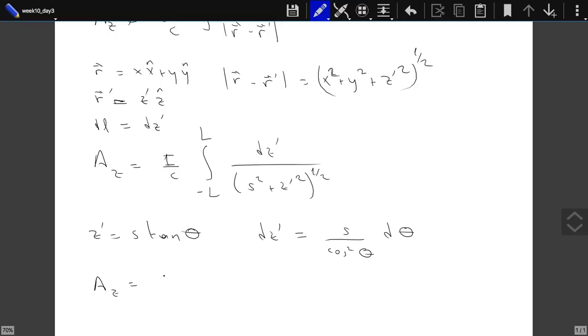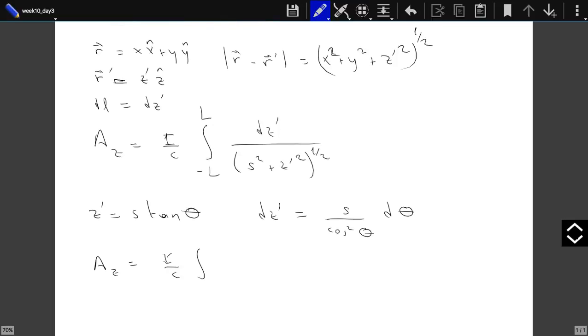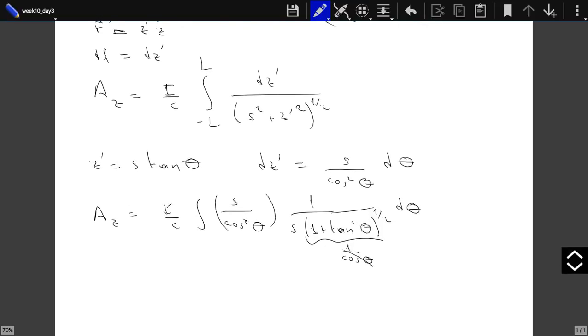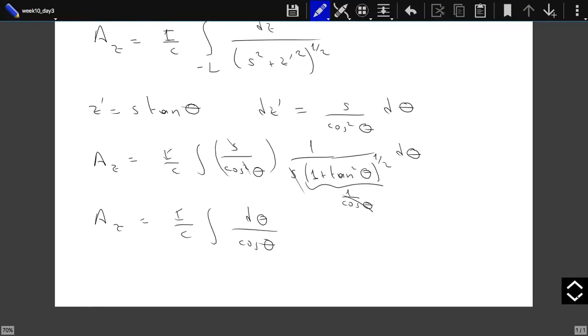So A_z will be I over c, ignoring the limits for the time being, the integral of s over cosine squared theta, times 1 over s, times (1 plus tangent squared theta) to the power 1/2, d theta. This factor, 1 plus tangent squared theta, is nothing but 1 over cosine squared theta, so with the square root it is 1 over cosine theta. It cancels one of these factors, and the s's cancel. So A_z is equal to I over c times the integral of d theta over cosine theta. Now what is this integral?